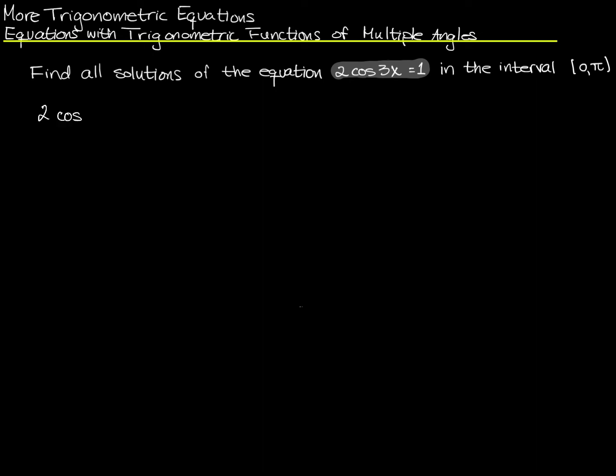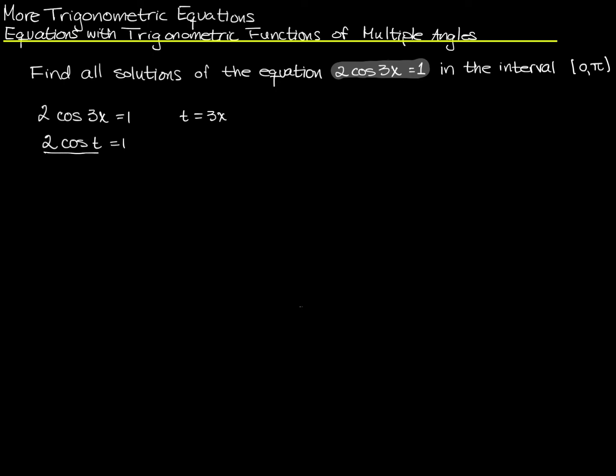2 times the cosine of 3x equals 1. And I'm going to let the substitution be t equals 3x so that I can rewrite this as 2 times the cosine of t equals 1. Remember that this substitution step isn't strictly speaking necessary. Let's take the next step here.